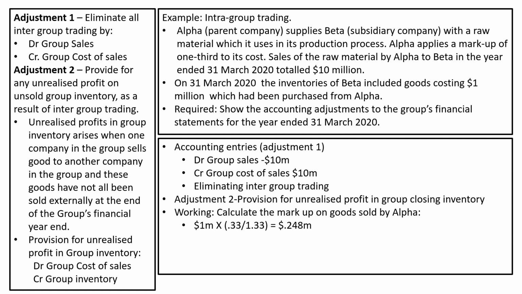So the amount of markup on that 1 million of goods which are still unsold at the year end and still in Beta's inventory will be 33% over 133, and that gives us the profit element of 0.248 million. Once we've done that, we can then prepare the accounting entries, which is to increase the group cost of sales by 0.248 million, and at the same time reduce the group inventory by 0.248 million.